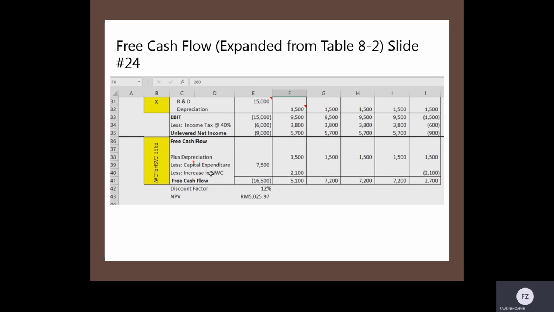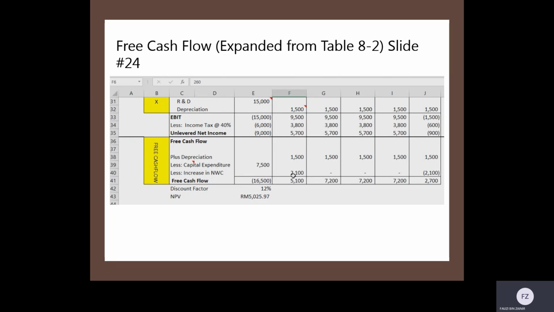And for the increase in the net working capital, based on the slide before this, we've already figured out the net working capital is 0, 2,100, 2,100, 2,100, 2,100, and 0 in the last period. But what we are interested in is the changes.